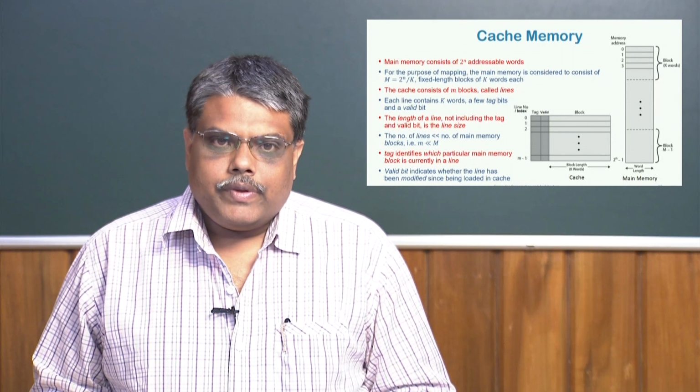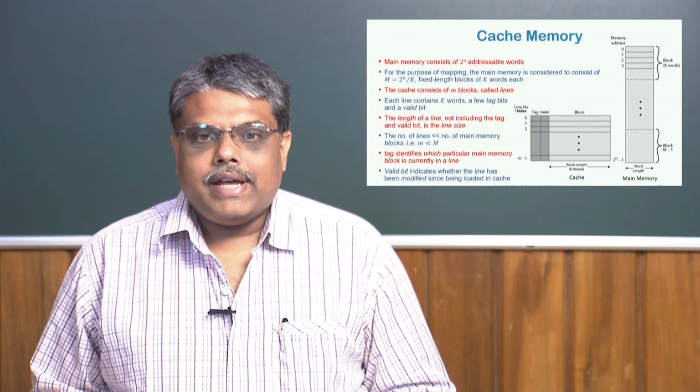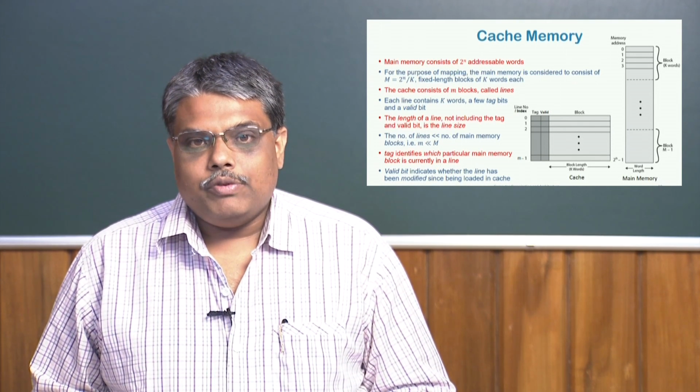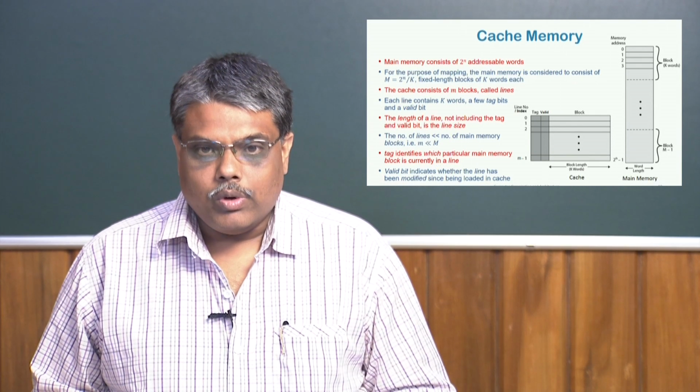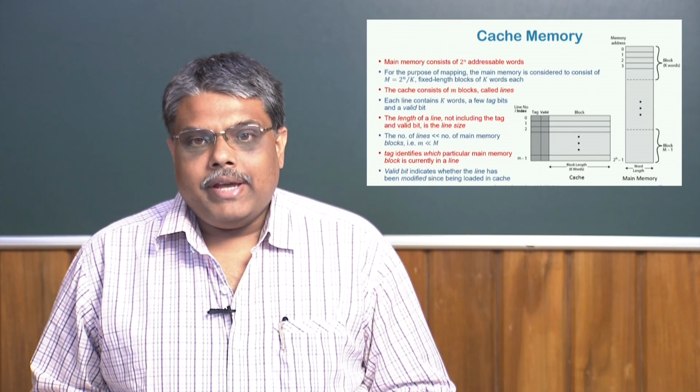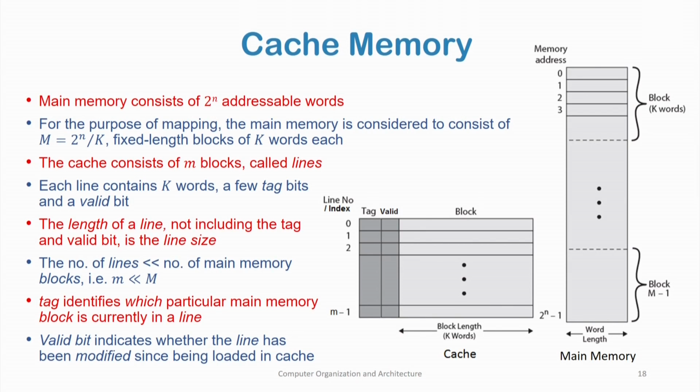Let us assume that we have an n bit address bus. Therefore, we have a main memory consisting of 2^n addressable words. For the purpose of mapping, the main memory is considered to consist of M = 2^n / K fixed length blocks of K words each.